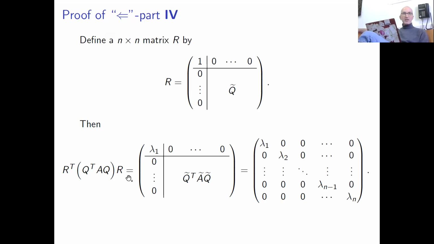So for the matrix we were looking for in the orthogonal diagonalization, we can choose Q times R. We call it P because the matrix for diagonalization is usually called M, but for orthogonal diagonalization, people quite often use the letter P. So we put P to be Q times R, and then this is diagonal. We only have to check that Q times R is orthogonal, and then we're done.